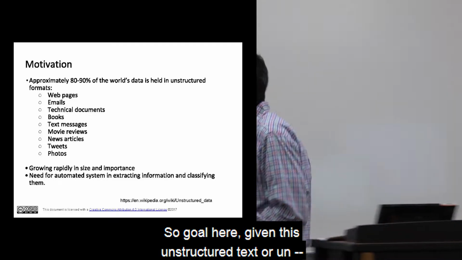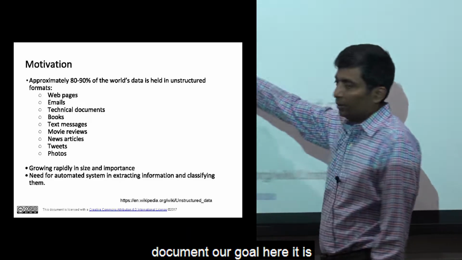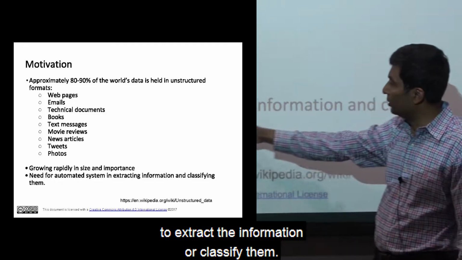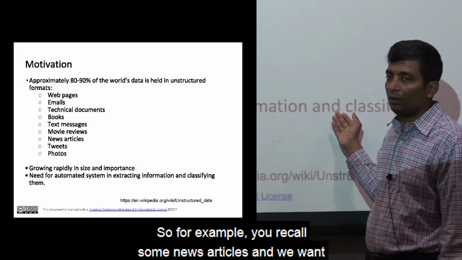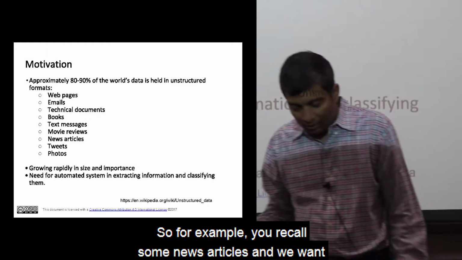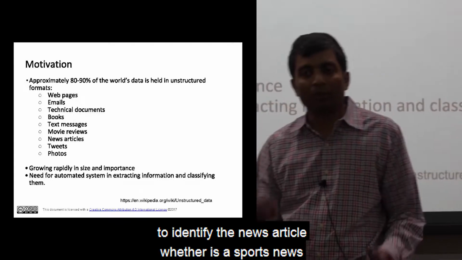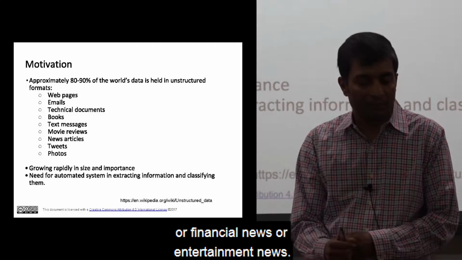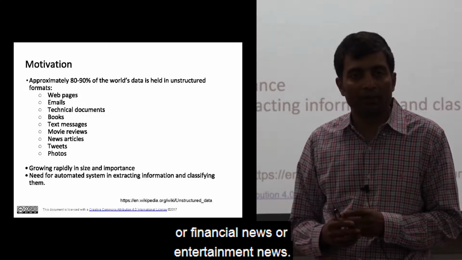Given this unstructured text, our goal is to extract the information or classify them. For example, we crawl some news articles and we want to identify whether the article is sports news, financial news, or entertainment news.